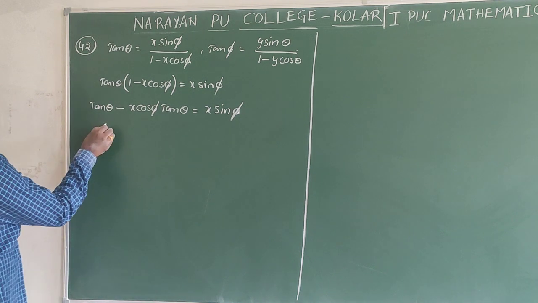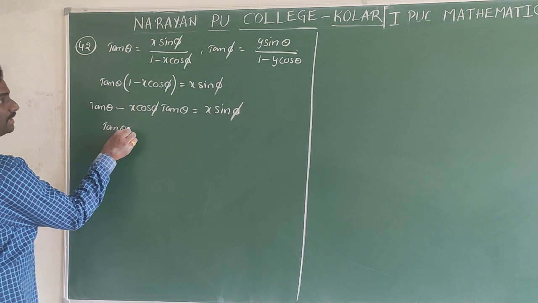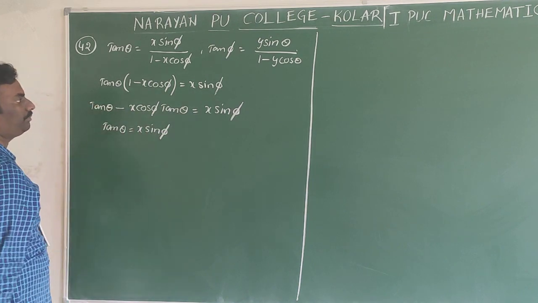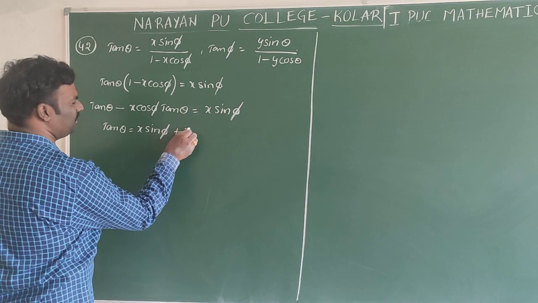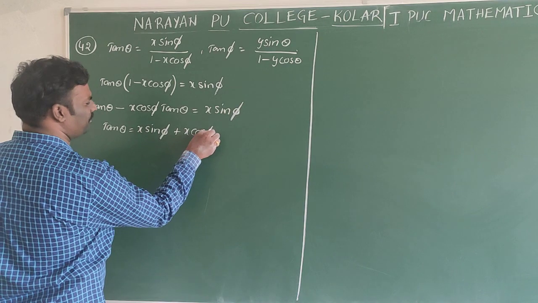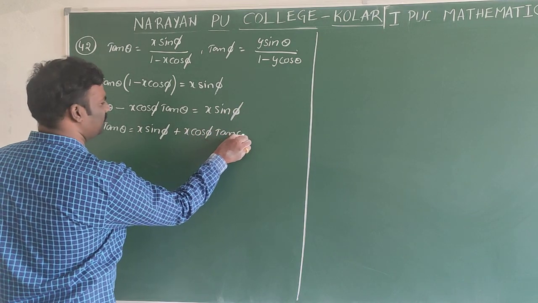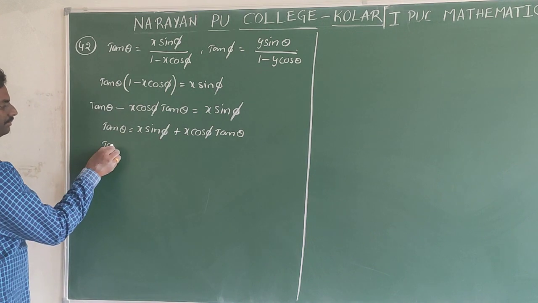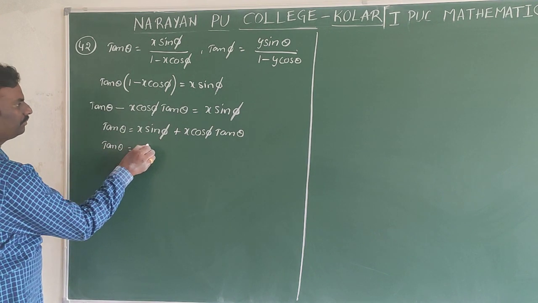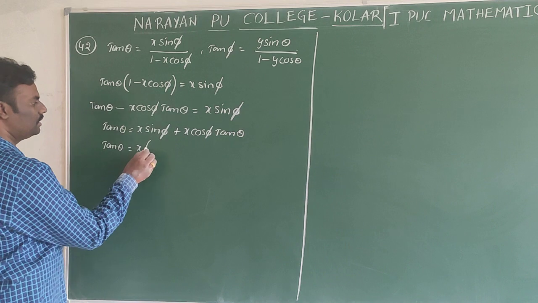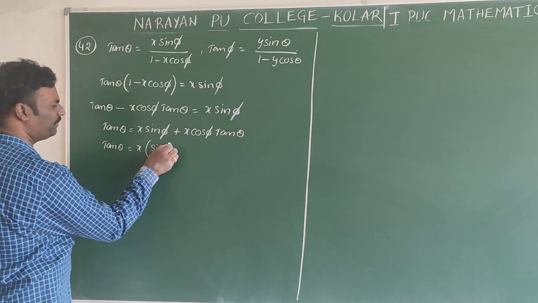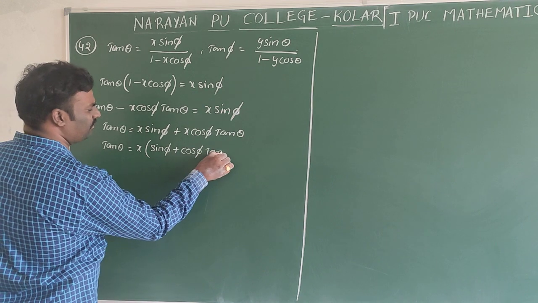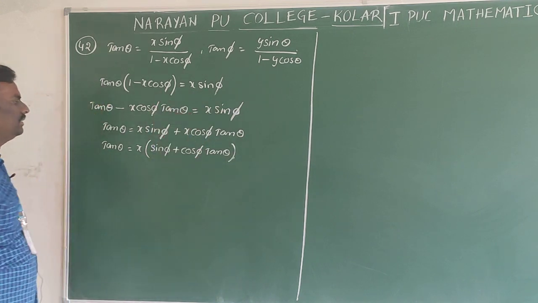Now tan theta equals to, you send the minus term to that side, x sin phi plus x cos phi into tan theta. I can take x common. What you will get? x into sin phi plus cos phi into tan theta.